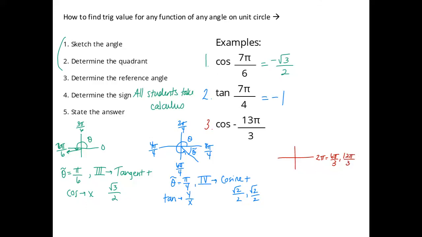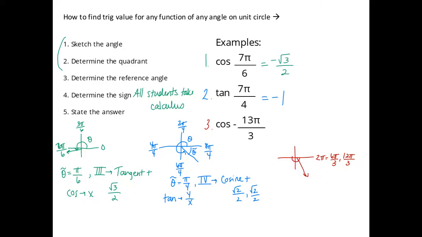So if we were rotating in a positive direction, realizing here that this is a negative angle, we would have to do more than 2 revolutions, right? Because 12 pi over 3 is 2 revolutions around. We're going to have to rotate the opposite direction, and we're going to end up 1 pi over 3 past 2 rotations. Pi over 3 is closer to the y-axis.